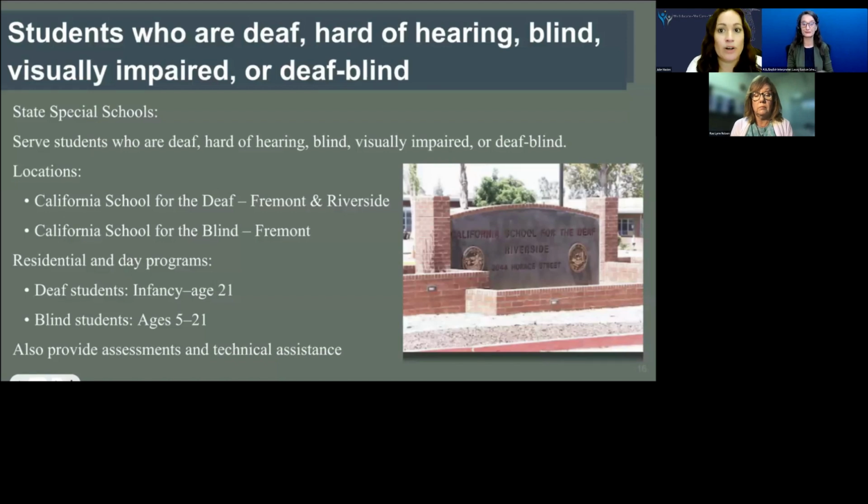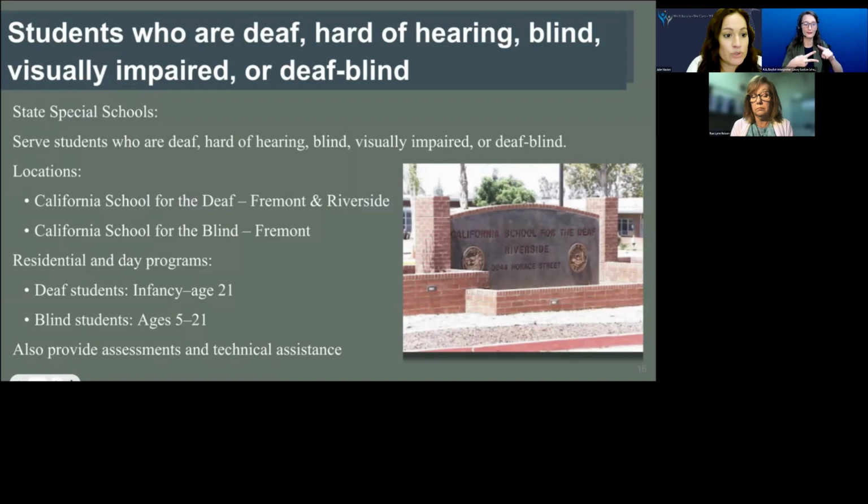Students who are deaf, hard of hearing, blind, visually impaired, or deaf and blind. What are some of the state schools? So state special schools serve students who are deaf, hard of hearing, blind, visually impaired, or deaf-blind. Locations in California include California School for the Deaf, and they have locations in both Fremont and Riverside.